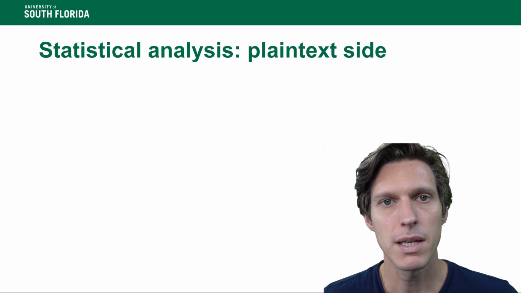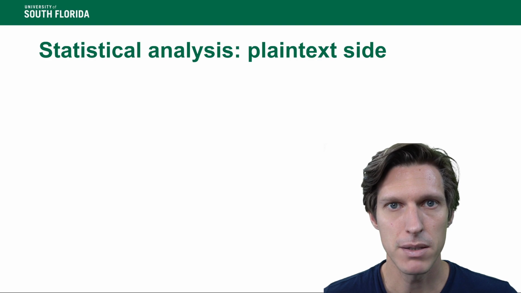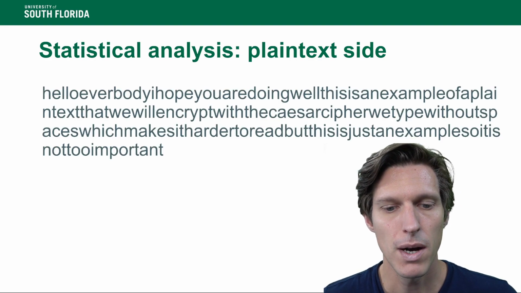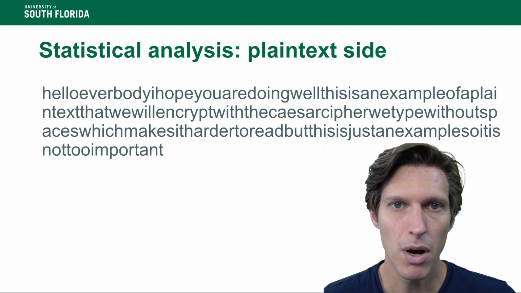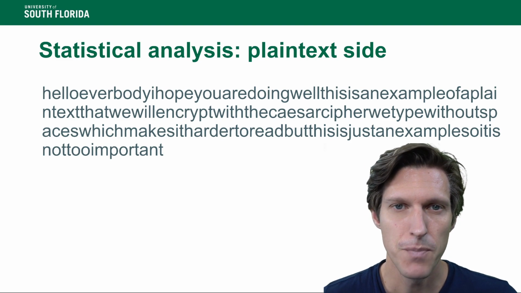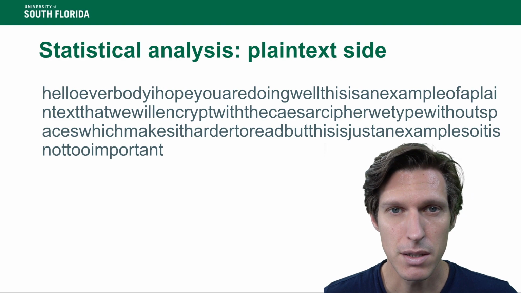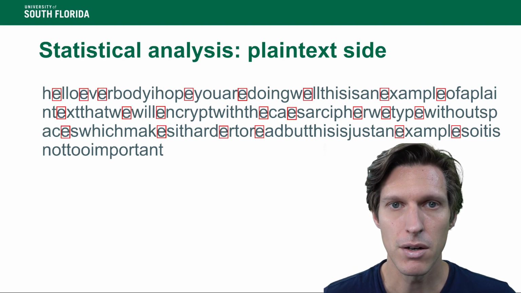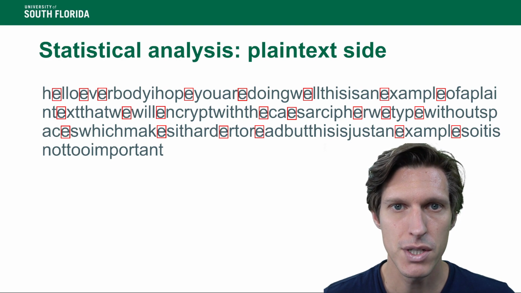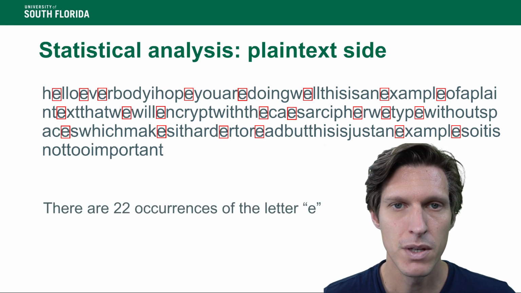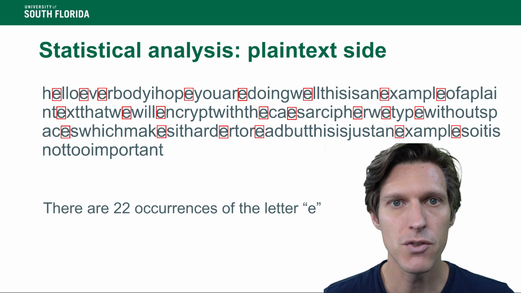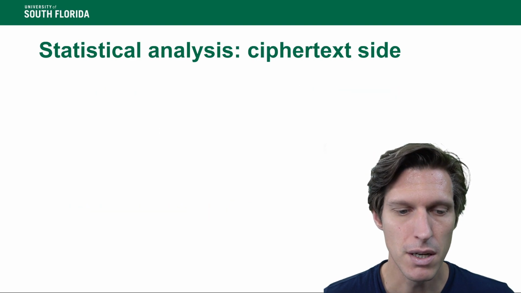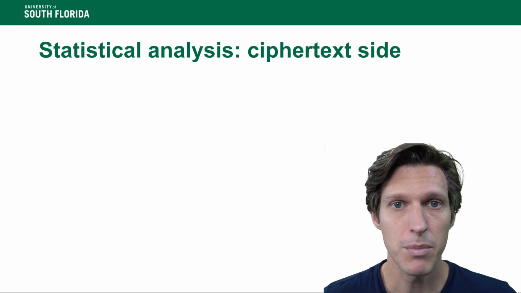And now what can statistics tell us about the ciphertext? Well, it has to do with the properties of the plaintext, so the message that has to be encrypted. So it turns out in English, the most likely letter of the alphabet that occurs in a message is the letter E. So in this particular message, I have 22 occurrences of the letter E. Now, what's happening with the ciphertext?